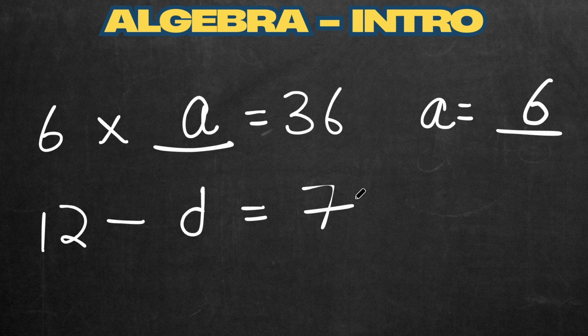If I minus 3, it's 9. If I minus 4, it's 8. And if I minus 5, it's 7. So I know that the value of d is 5. Yeah. So that's algebra. Okay. In future videos, we will do a slightly more complex way of dealing with it, but that we will see as we get there. Easy, right?